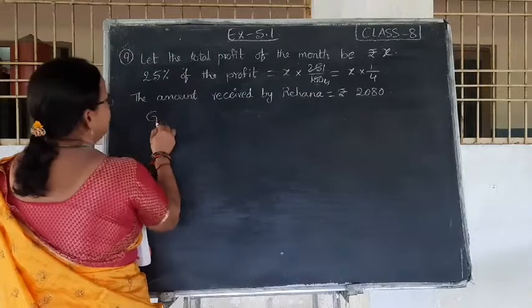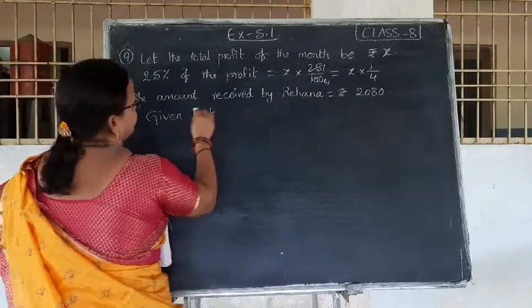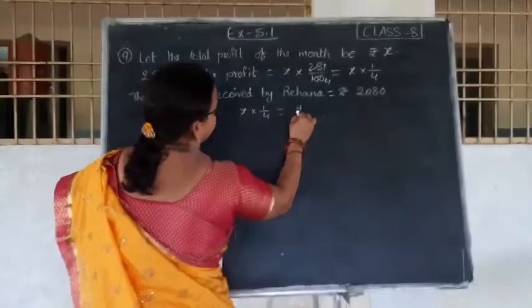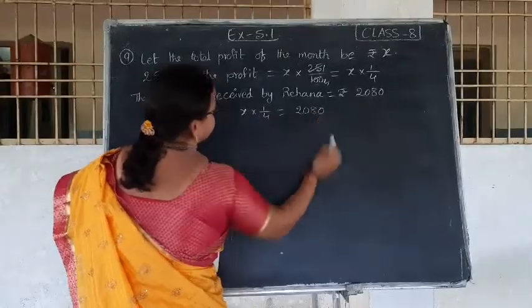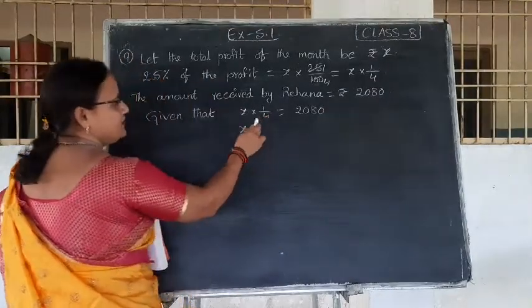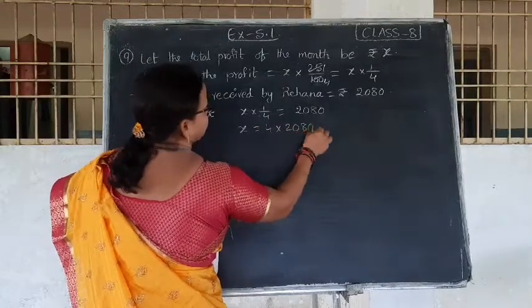So from the given data, X into 1 by 4 is equal to 2080 rupees. Okay. So X is equal to, this 4 is in division, so by taking it to the right side, it becomes multiplication.